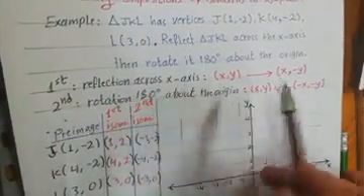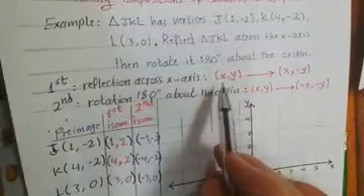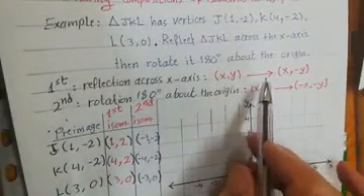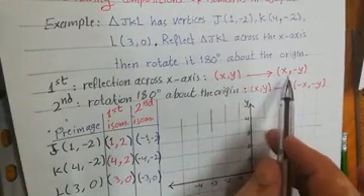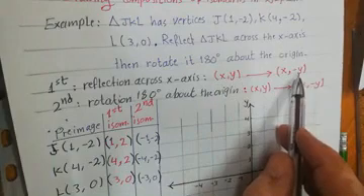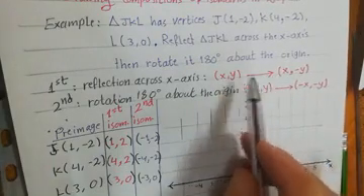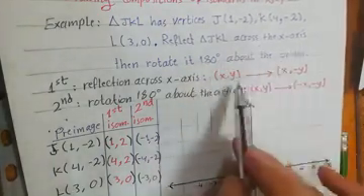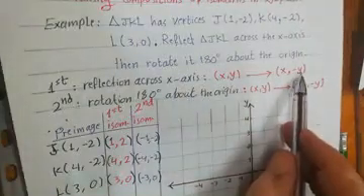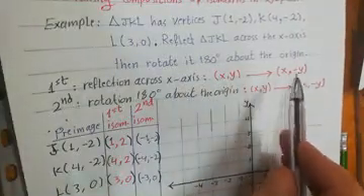You remember the rule? For any pre-image (x, y) coordinates, the image will be (x, -y). If you reflect across the x-axis, you keep the x coordinate, but you change the sign of the y coordinate.